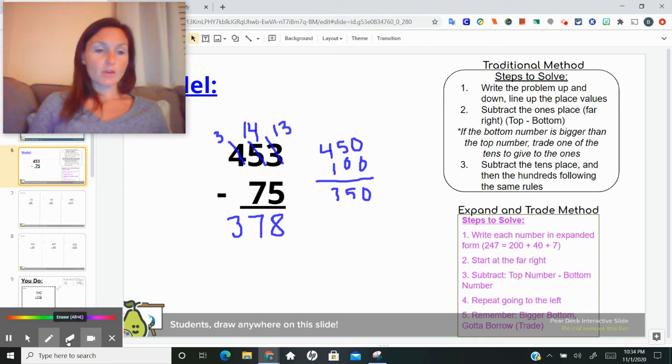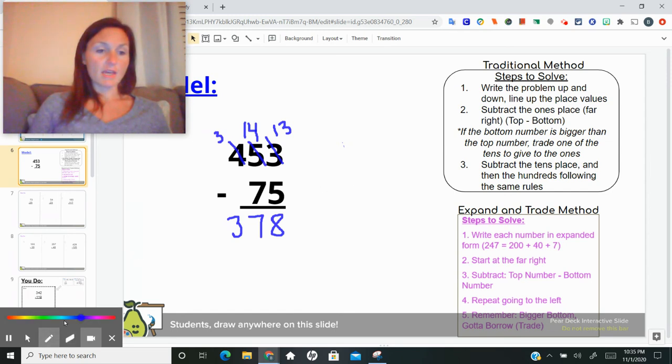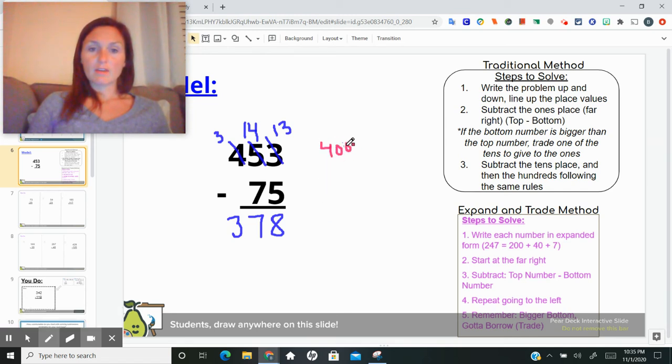If you did this, the expand and trade method, you would have done all these same steps, but instead you would have done 400 plus 50 plus 3 minus 70 plus 5.